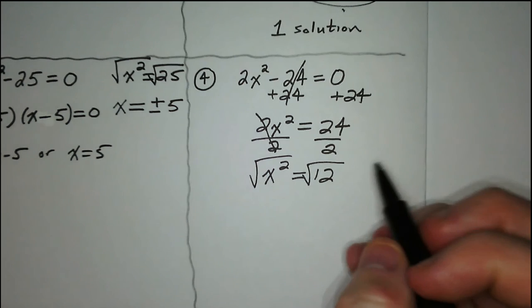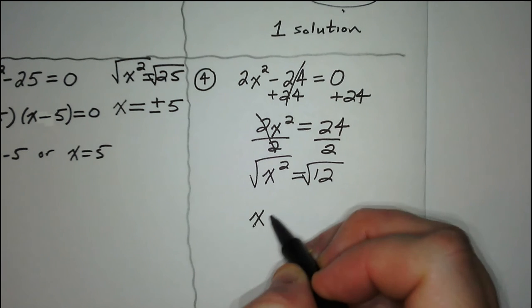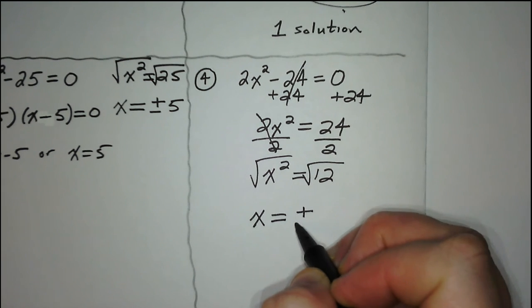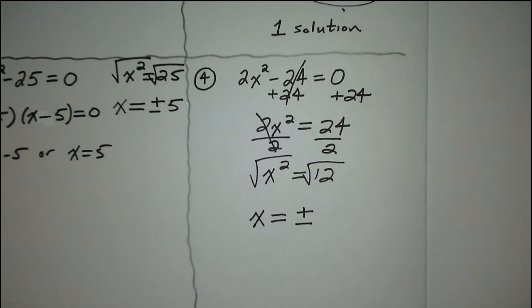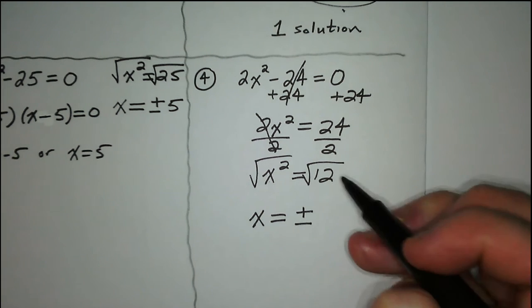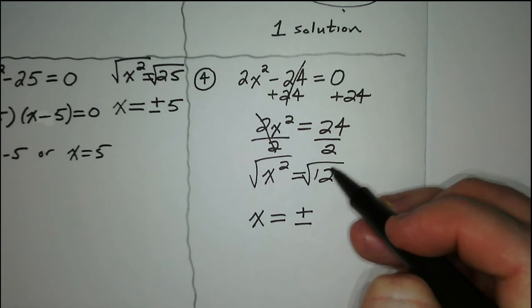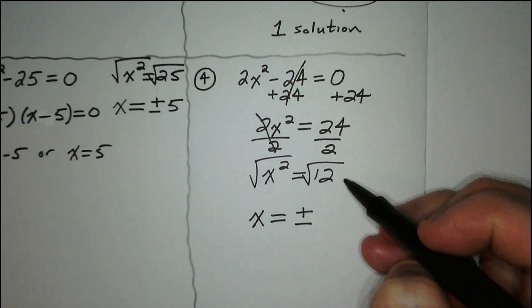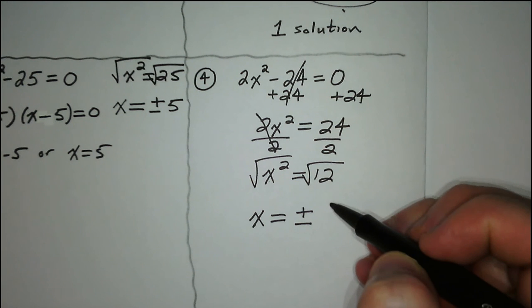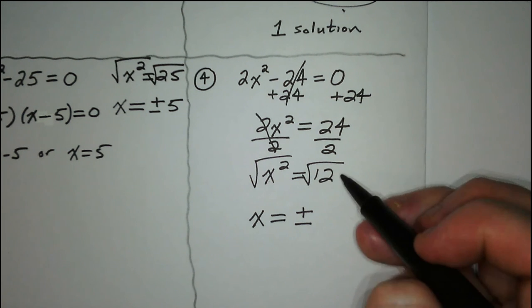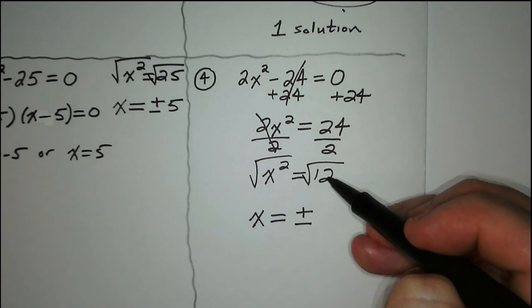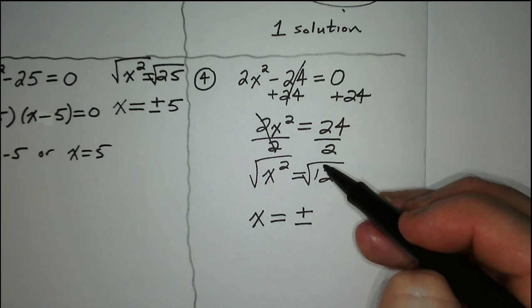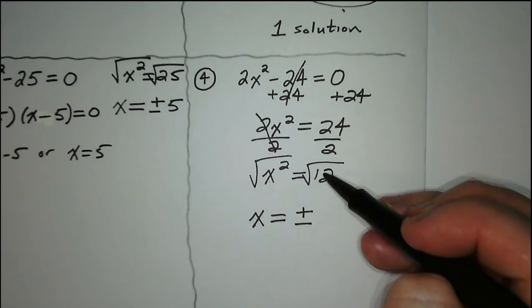We take the square root of both sides, and we get x equals plus or minus, because remember, there's a positive answer for x and also a negative answer for x. The square root of 12. I know that's a nasty decimal. That's not what we're going to write down. We're going to leave it as a square root, but we're going to simplify it if we can.